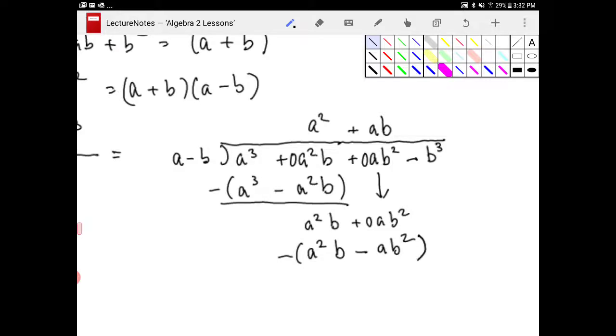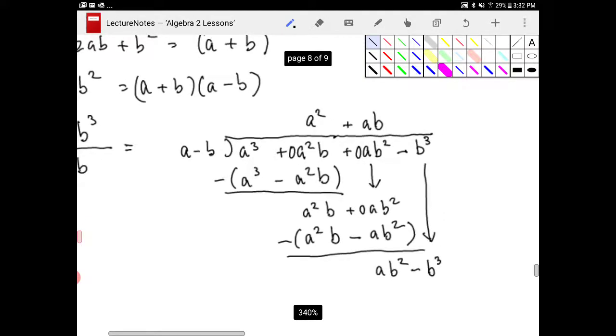And again, I perform a subtraction, and what I end up with then is ab squared. And I'm going to pull down the minus b cubed. What will I multiply a minus b by to get this? I'm going to multiply by positive b squared. So I get ab squared minus b cubed.